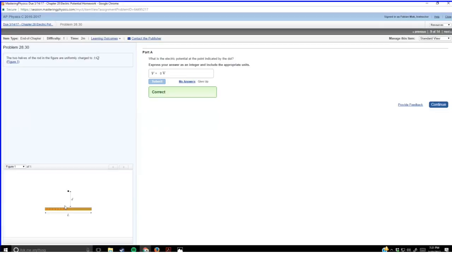Yeah, so if the dot was not at the midpoint, yeah, you would have to do an integral, and it would be kind of an odd integral too.